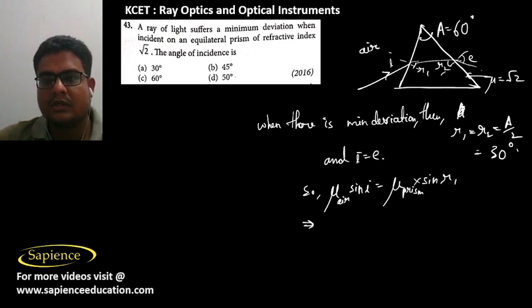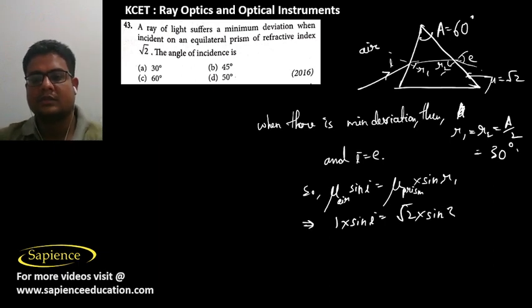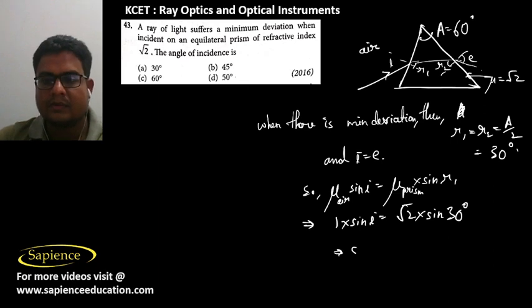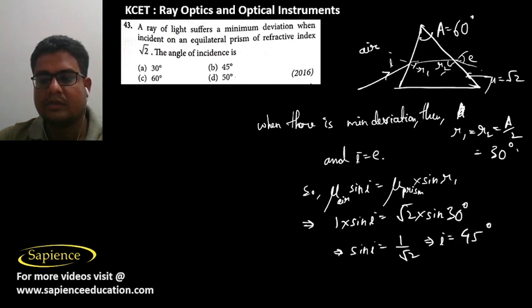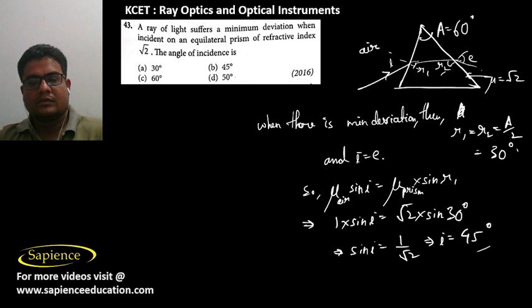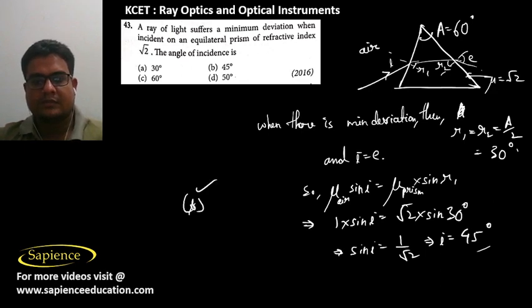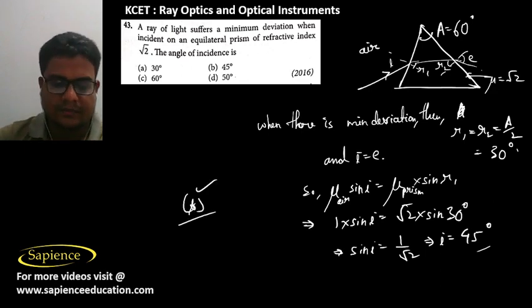So 1 into sine I is equal to √2 into sine 30 degrees. So sine I is equal to √2 into half, that is 1 by √2. Therefore I will be equal to 45 degrees. Option B is the correct answer.